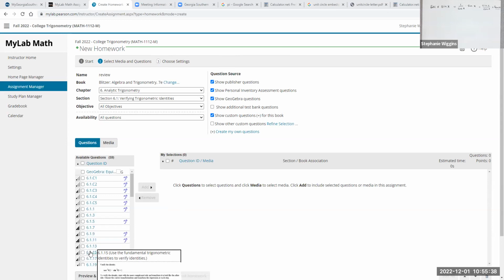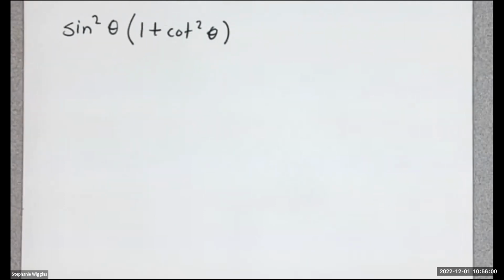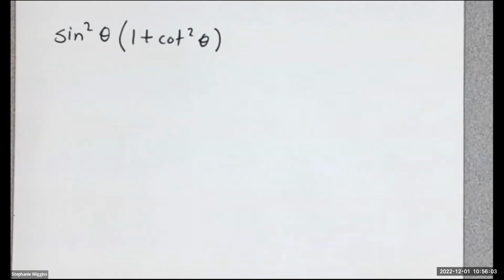I want to do one that has, let's do this one. Okay, so we have sine squared theta times 1 plus cotangent squared theta. All right, when you see those squares, think Pythagorean theorem.